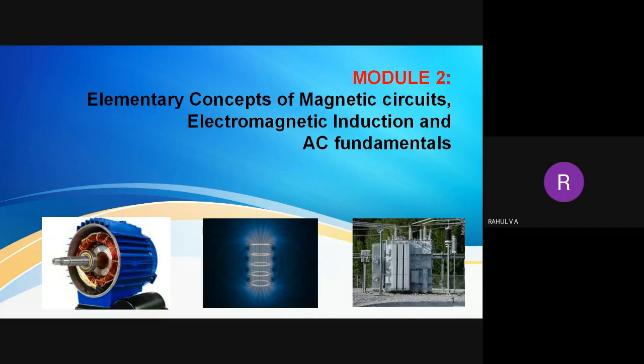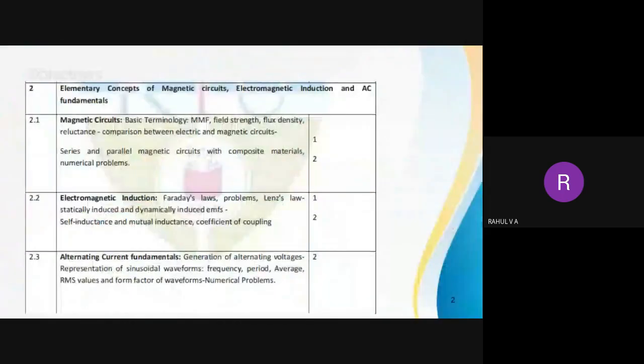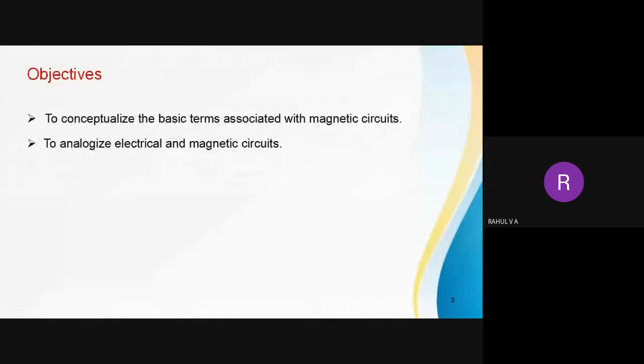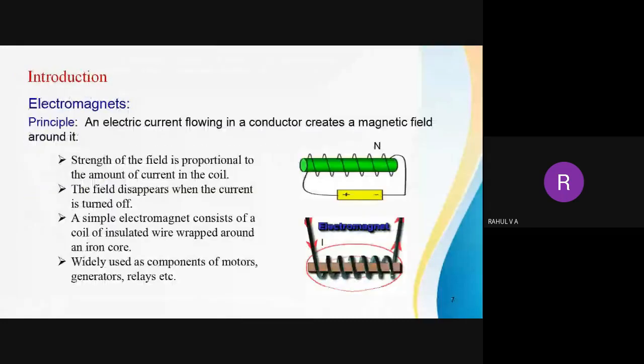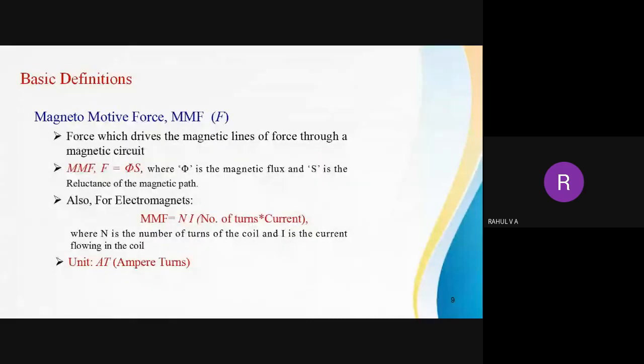Magnetic circuits are used in relays, motors, generators, transformers, etc. And we have also discussed magnetic lines of force, magnetic field, what are temporary magnets, permanent magnets, electromagnets, and what is a magnetic circuit. Then we started with basic definitions.